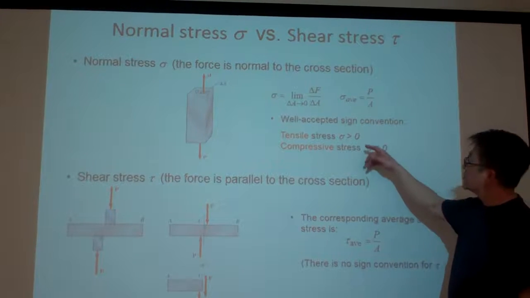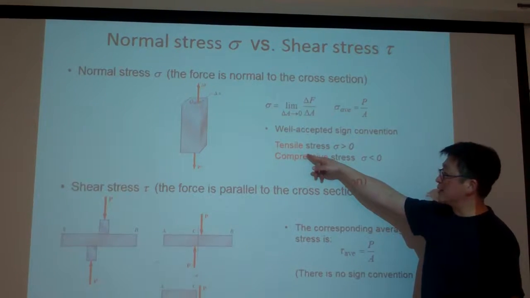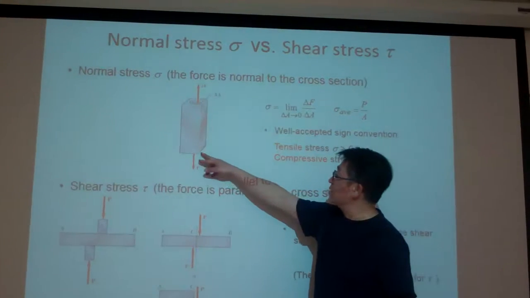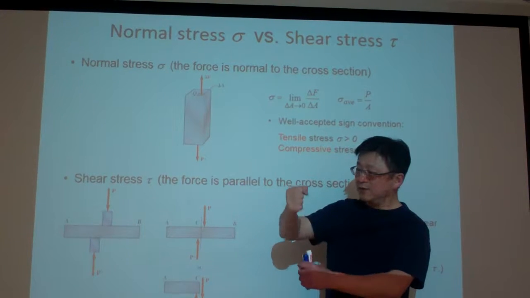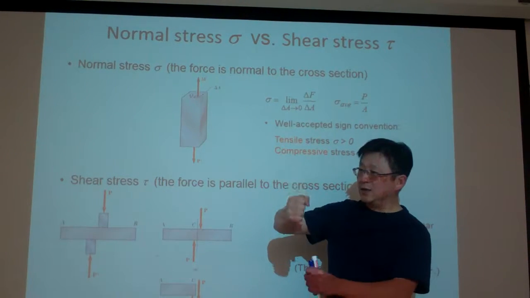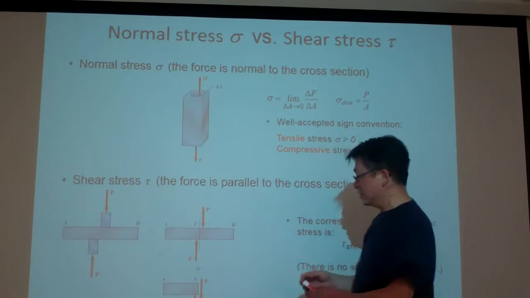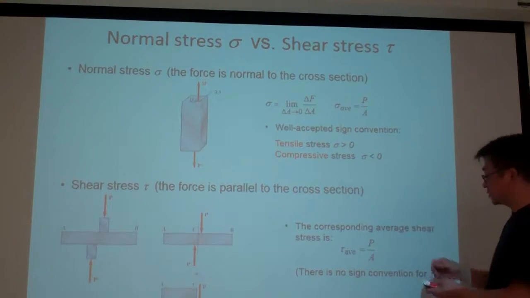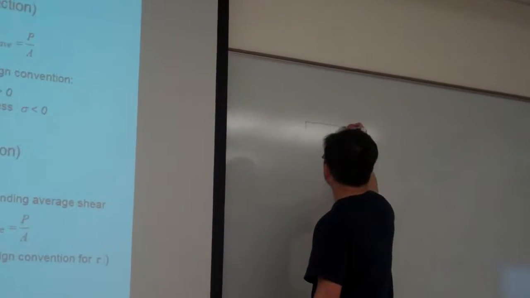In normal stress, we have two further types. For this case, you can see this material is being pulled away, stretched. So the induced stress is called tensile.